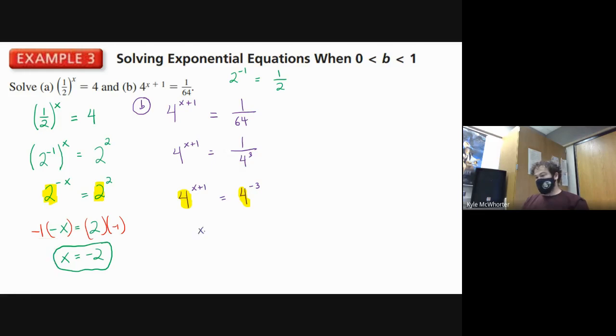So we get x plus 1 has to equal negative 3. Then we subtract 1 from each side. And we get x equals negative 4.